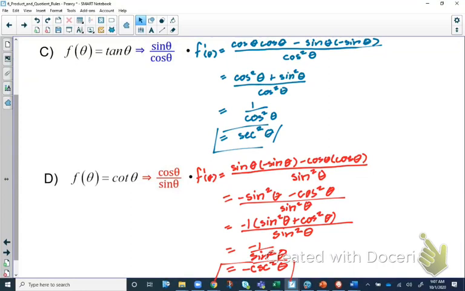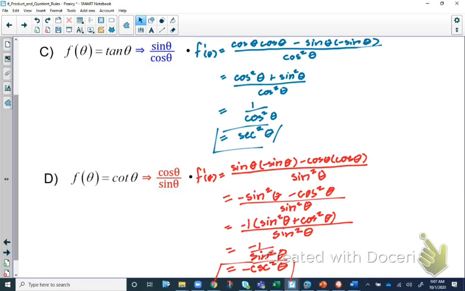Okay, so here are the quotient rules that show what the derivatives of tangent and cotangent are going to be. And again, these are just derivatives you need to memorize. As we work through the quotient rule, in both cases, we are able to identify and utilize a trig identity, so they simplify to be a 1 in the numerator.